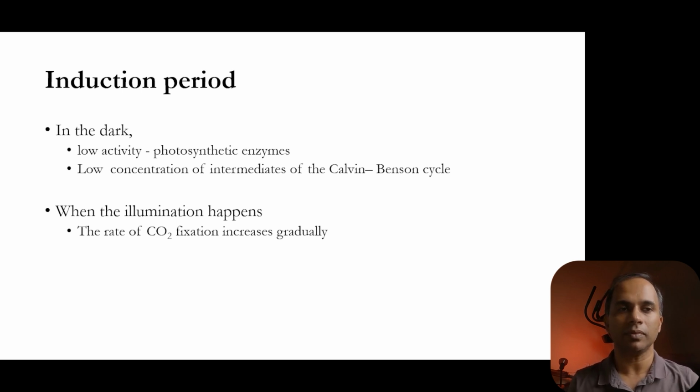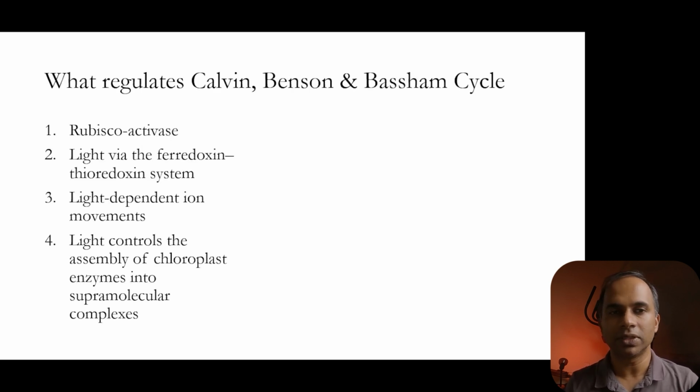Okay, and if you think about how this Calvin, Benson and Bassham cycle works, now we have a bunch of reactions happening, and we have to have some control, right? Among the compounds and factors involved in the regulation of the Calvin, Benson and Bassham cycle, that includes Rubisco activase, and light plays a major role.